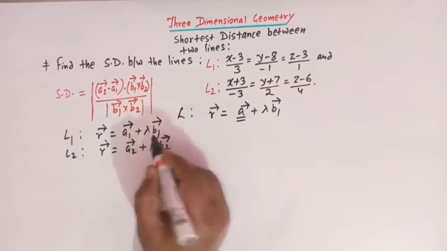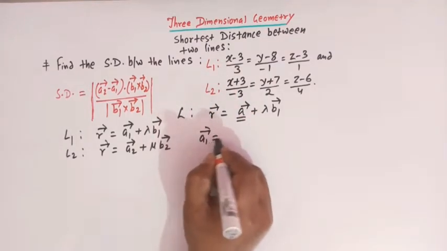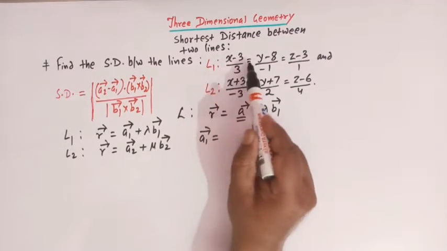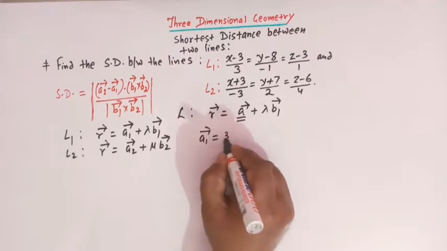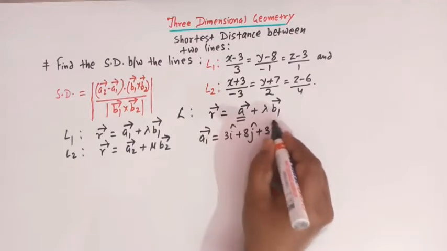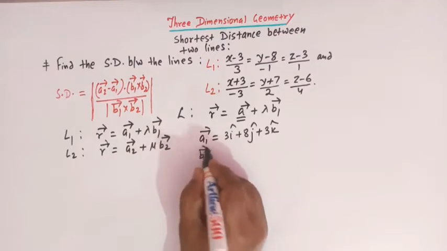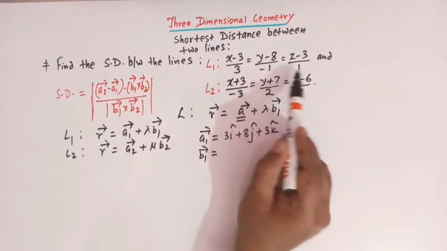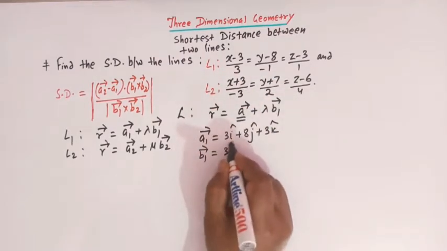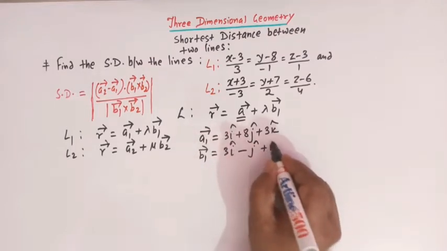If we take the line L1, then vector a1 is given by the point through which L1 passes, so the point is 3i cap plus 8j cap plus 3k cap. The vector b1 is given by the direction ratios of this line L1, so we have 3i cap minus j cap plus k cap.